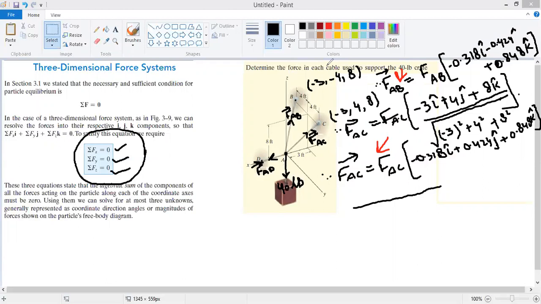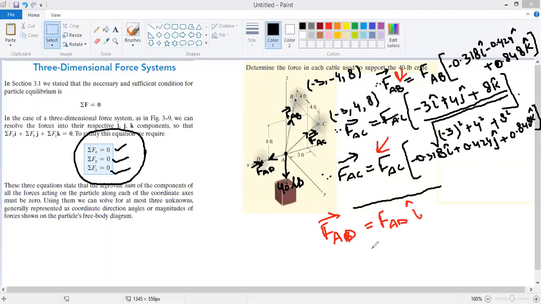Now look at this FAD. This is quite simple. Vector FAD is equal to magnitude of FAD. In which direction is this FAD acting? This FAD is acting along the x-axis, so we'll write this as i cap.